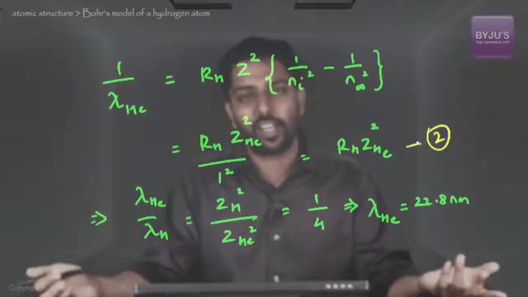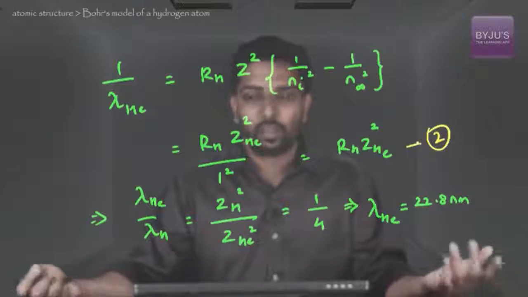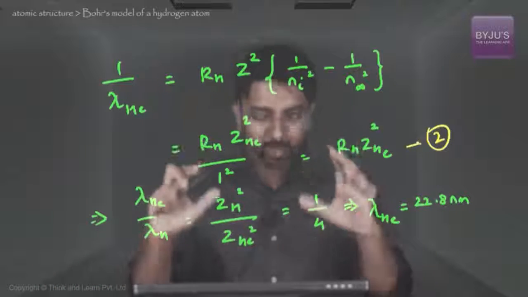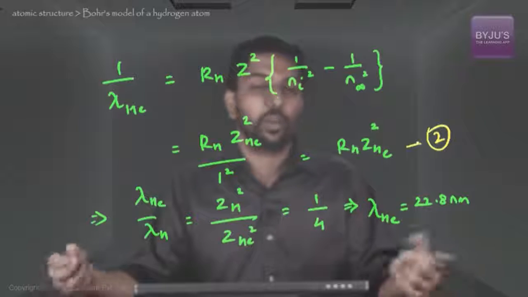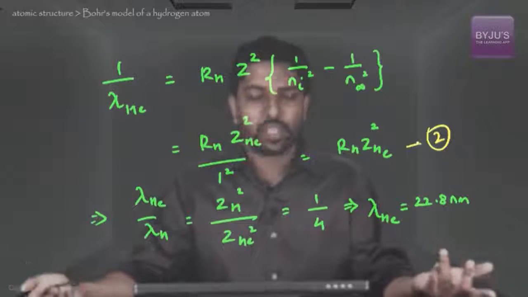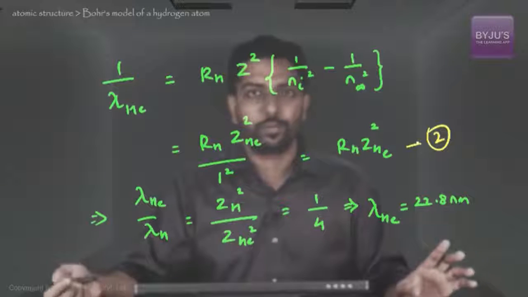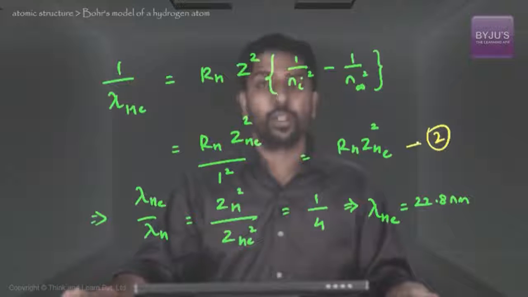It could be electrical energy, sometimes you could just heat it. It doesn't matter how this happens, but irrespective of how it happens, energy absorbed is a photon, or energy emitted is also a photon, which has that characteristic frequency or wavelength that we calculated. So that is something that you need to keep in mind. And that concludes this problem.